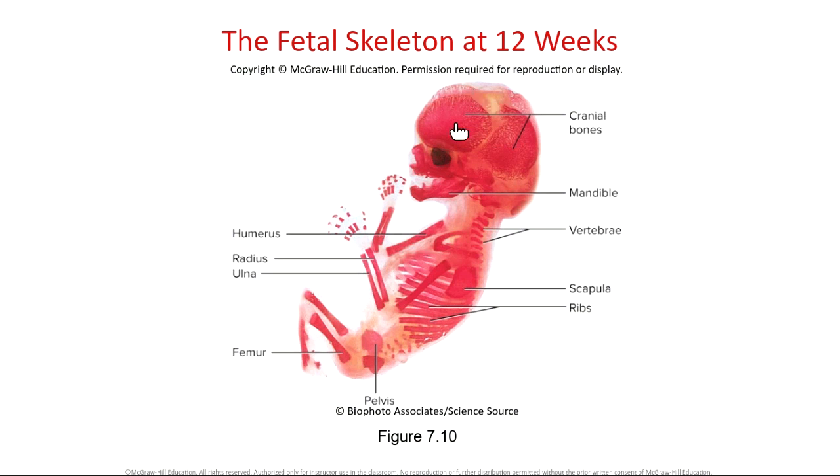These bones have not fused together yet. This is why on a baby, even at birth, these bones have not fused, so you have what are called soft spots up here. You have to be real careful with the baby's head because that's still cartilage up there.